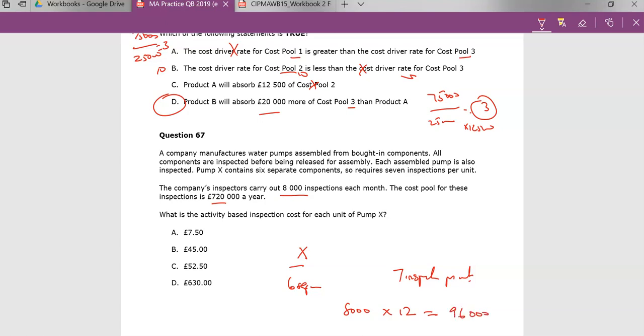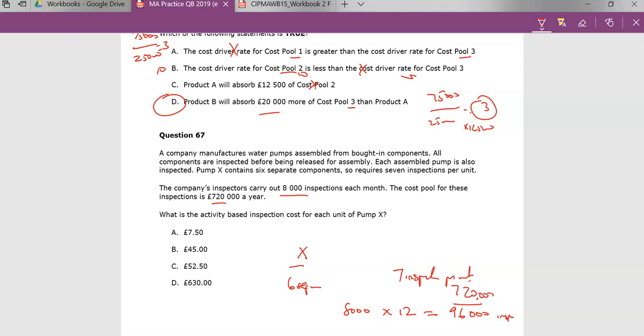So I have 96,000 inspections for the year, and I have a total cost of 720,000. So therefore, I can find out the cost of each inspection, which is 720,000 divided by 96,000, which is £7.50.